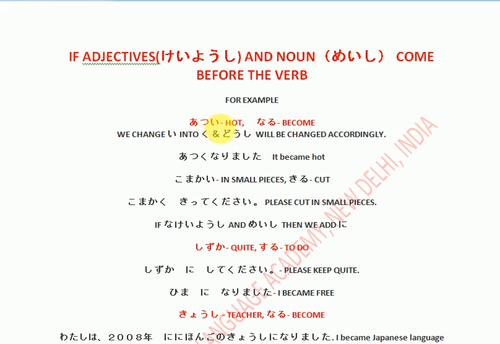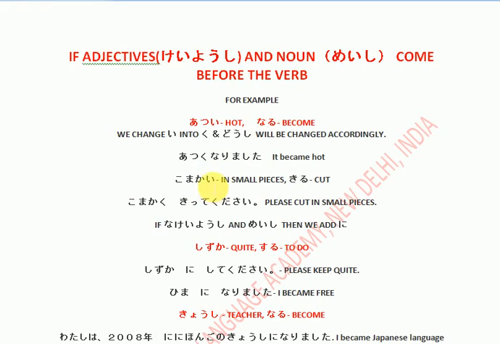In this case you remove the i and just add ku. Doshi is verb. Doshi wa English de doshi wa verb desu. You change it accordingly: if present, then masu; if past, mashita. So here, remove the i and add ku: atsuku narimashita.